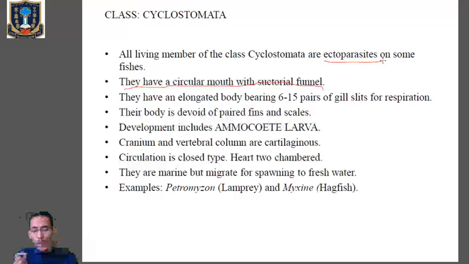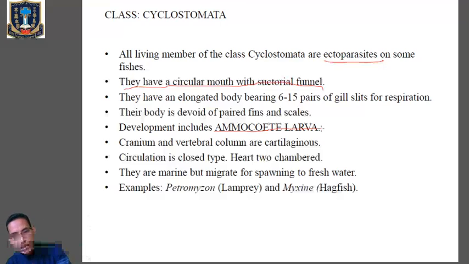Development is indirect. When we talk about indirect development, recall that it includes the larval stage. The name of the larva is Ammocoete larva. That's why the development is indirect. Cranium and vertebral column are cartilaginous. Circulation is closed type, and the heart is two chambered, one auricle and one ventricle. They are marine, but they migrate to fresh water for spawning.